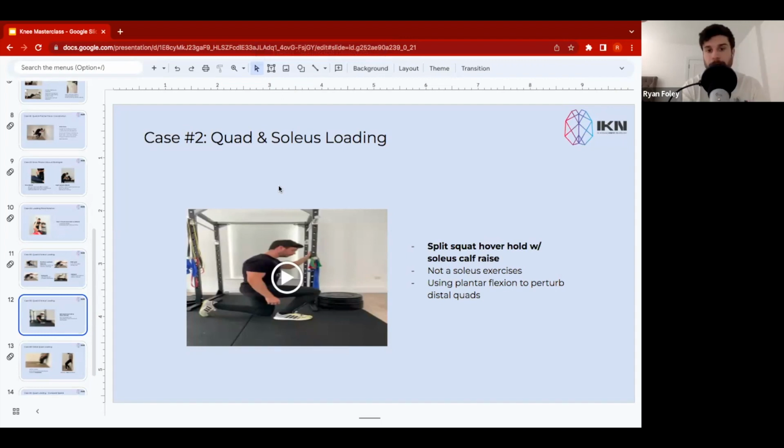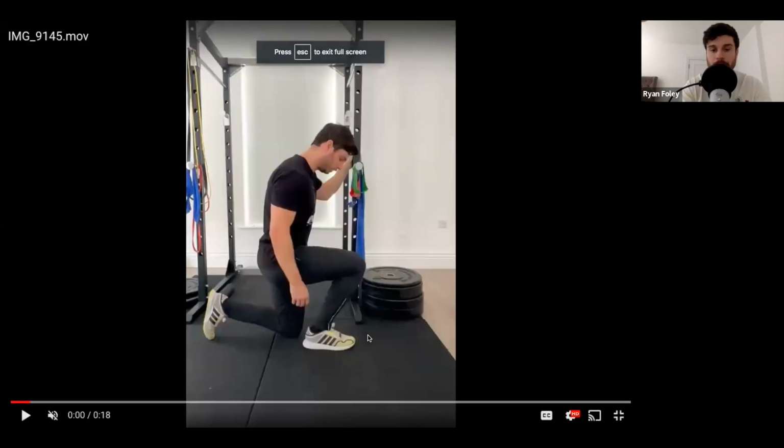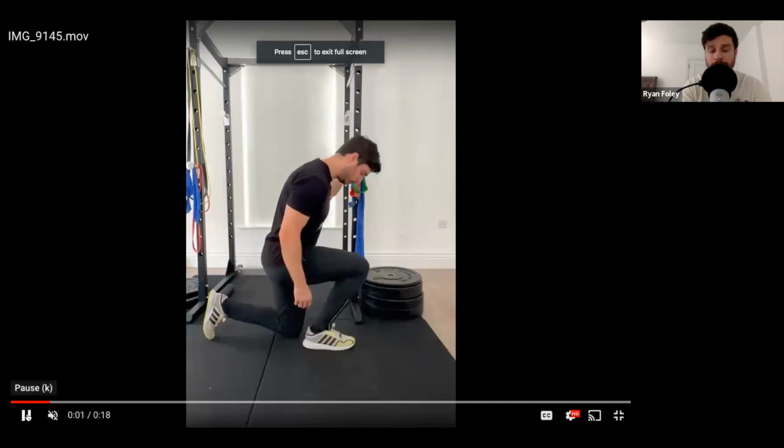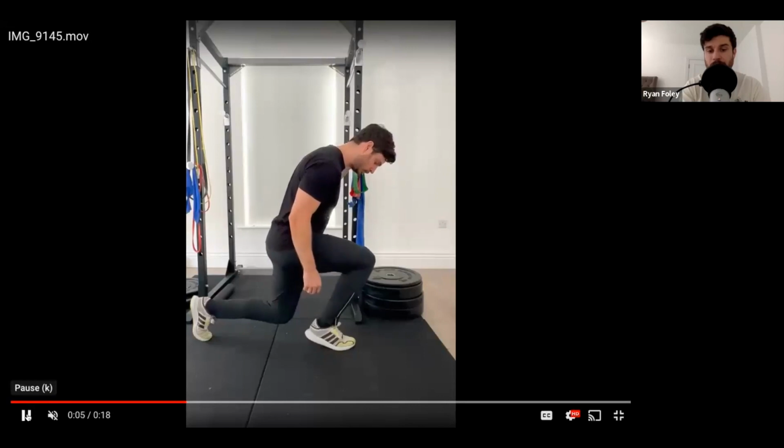Typically, you'll see this strategy being done by a lot of people with the intention of trying to get more load into the soleus. But I don't really see this as a soleus exercise. So you're getting into a split squat hold and then you're driving the ankle into plantar flexion, dorsiflexion.